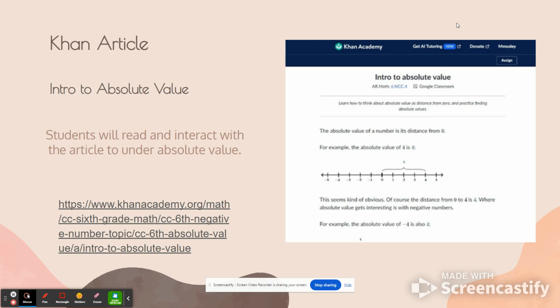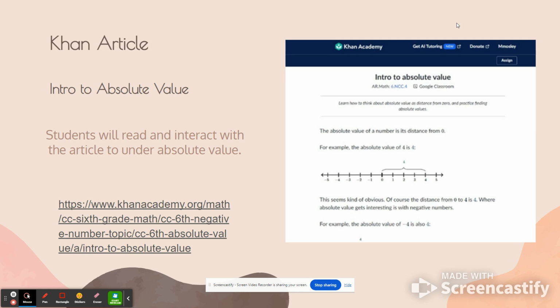So they can have the article read to them, based on whether they need that based on their IEP or a 504. So the students will read and interact with the article to understand absolute value.